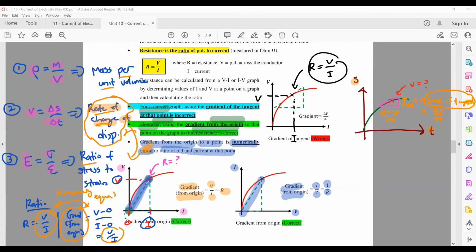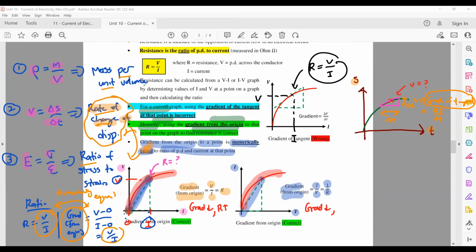what can I say about how this gradient is changing? Here you can say that the gradient is dropping, right? You see it's becoming less steep.